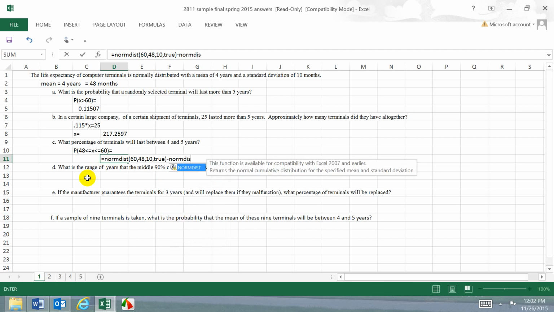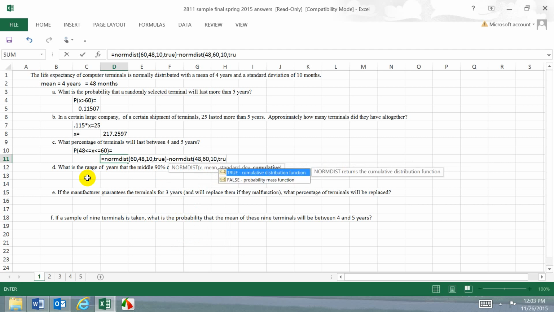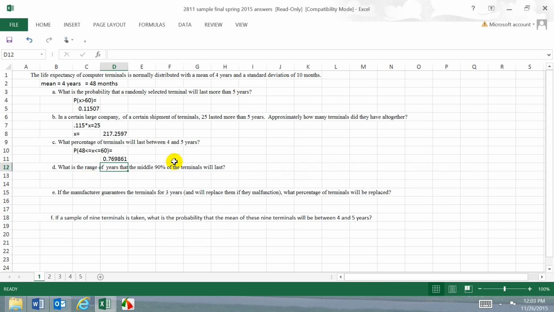Minus norm dist of the lower one. That's 48. Again, 60, 10, and true. All right, 0.76. That's the probability that it's between 4 years and 5 years, between 48 months and 60 months, and there we have 0.76.